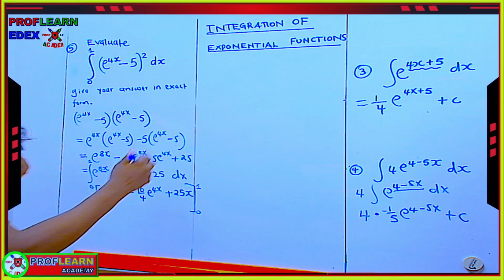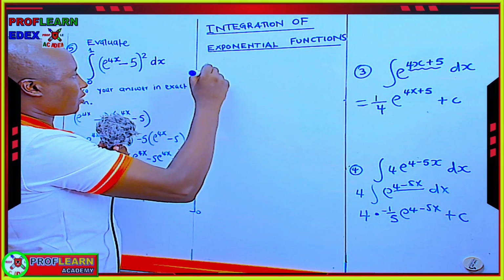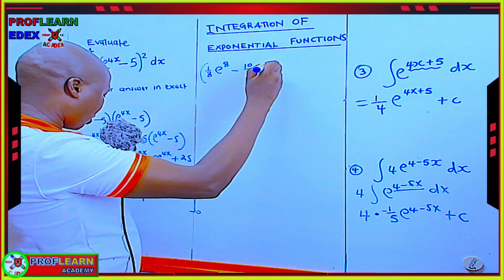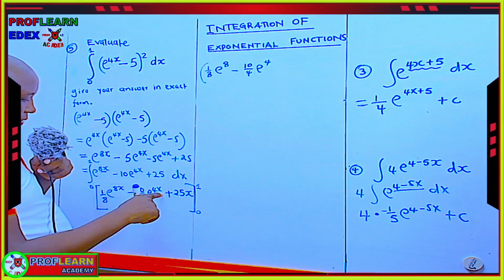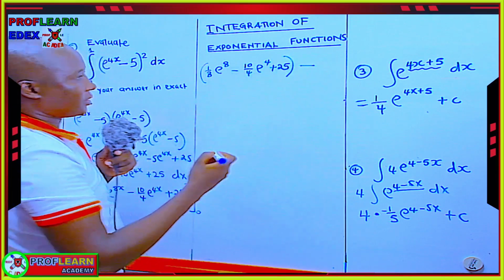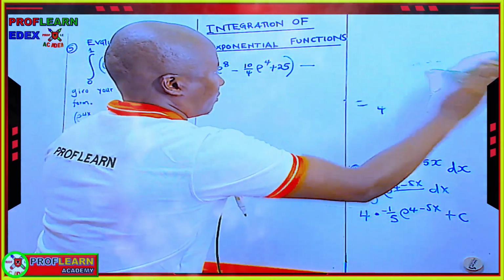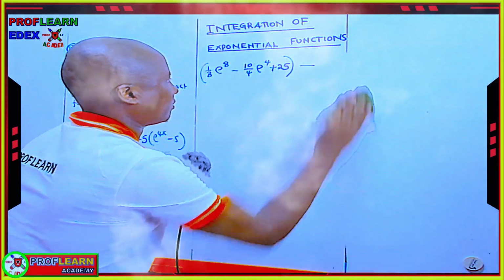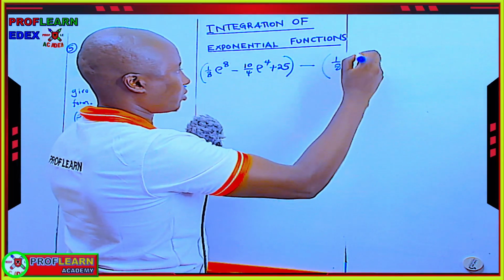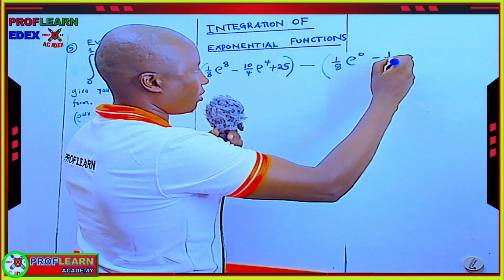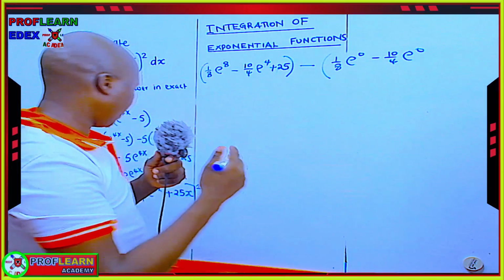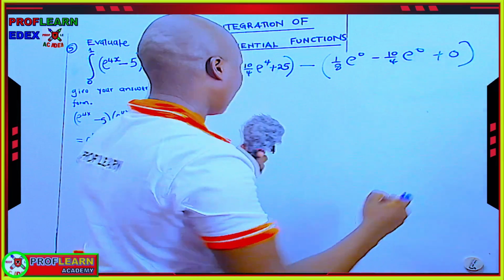If we put 1 here, the first part of the equation will be, in brackets, 1/8 e to the 8, because 8 times 1, minus 10/4 e to the 4, because 4 times 1, then plus 25, minus, this is going to be 1/8 e to the 0 minus 10/4 e to the 0, because 4 times 0 gives us 0, and then plus 0 because 25 times 0 gives us 0.